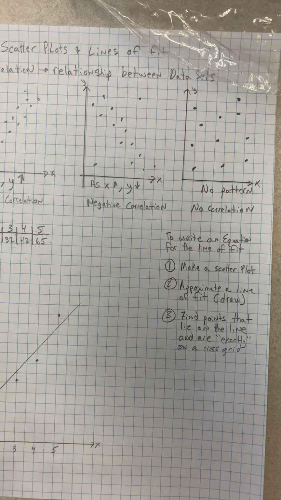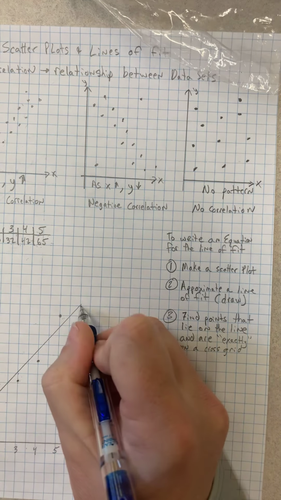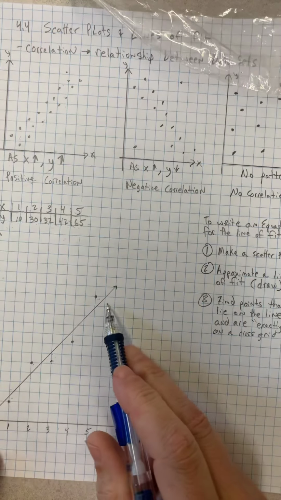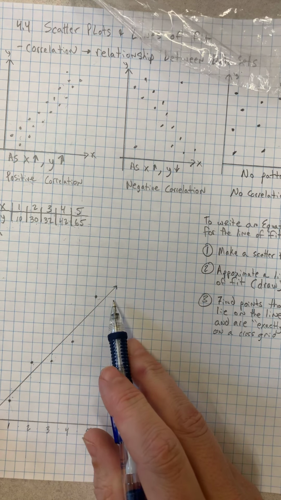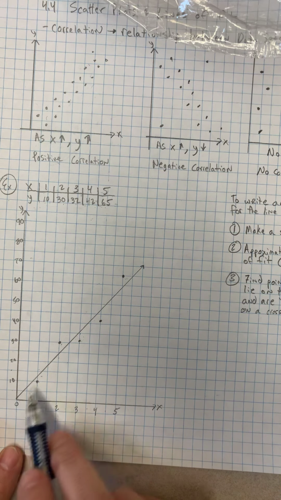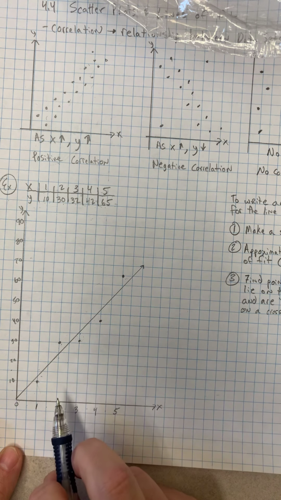Find points that lie on the line and are exactly on a cross grid, because if I want to write the equation of this line, which is linear, I need to have a slope and I need to have a y-intercept, and I'm going to get both of these algebraically.